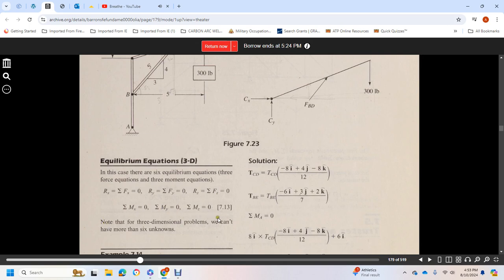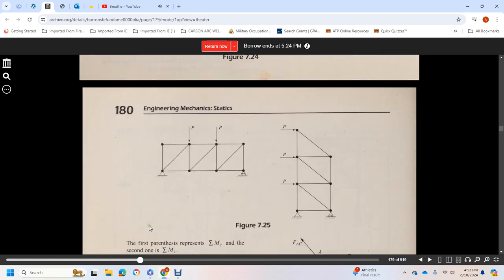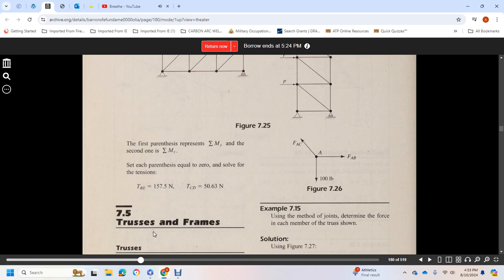Note these are three-dimensional problems. We cannot have more than 6 unknowns.